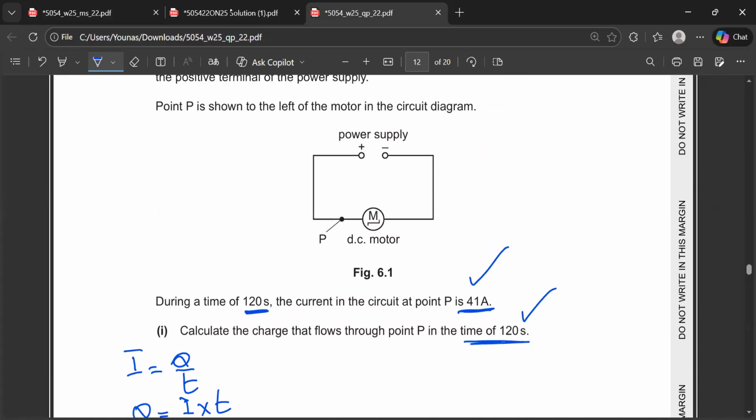The electrons will always be going from the negative terminal of the battery towards the positive terminal. So the electrons are going in this way. We are talking about the electron flow.